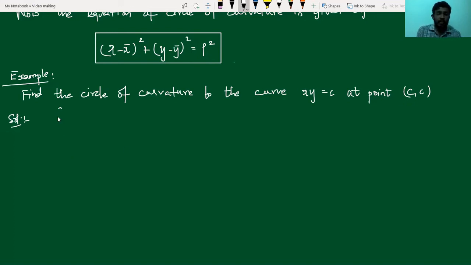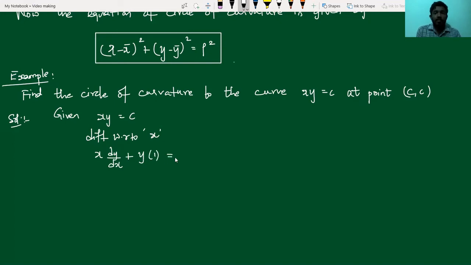Now the given equation is x into y is equal to c. If I differentiate this with respect to x, applying the product rule: first function into differentiation of second function, that is dy by dx, plus second function into differentiation of first; c is constant, so its differentiation becomes 0.